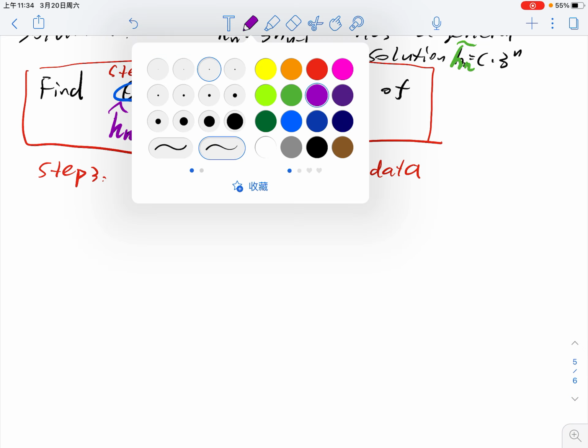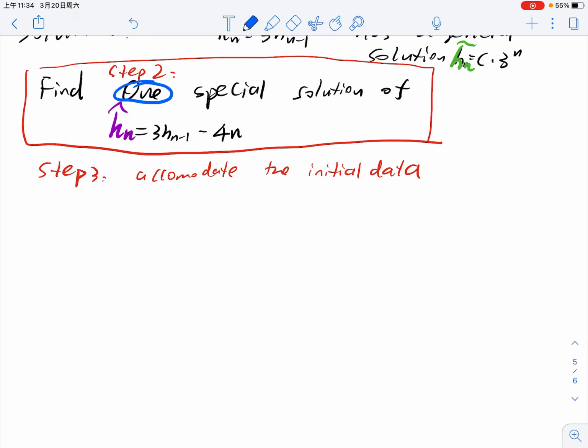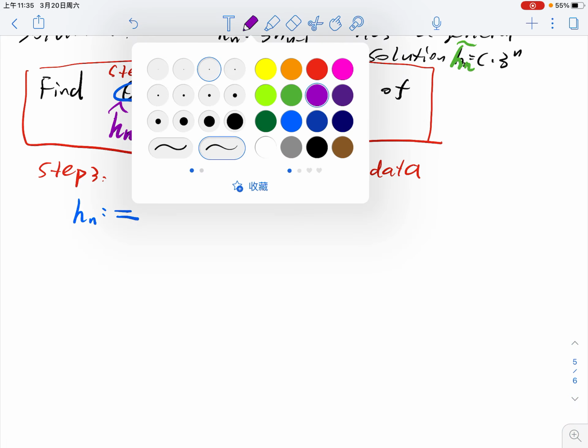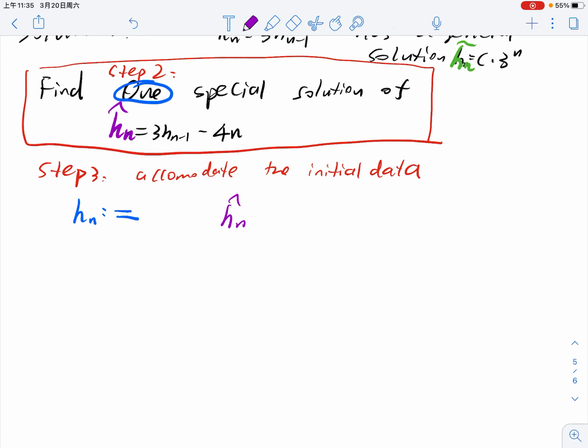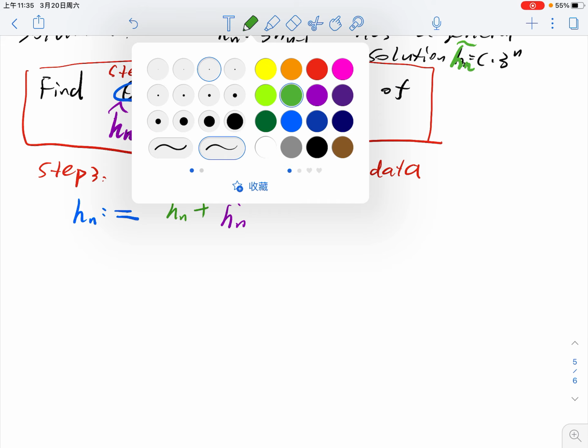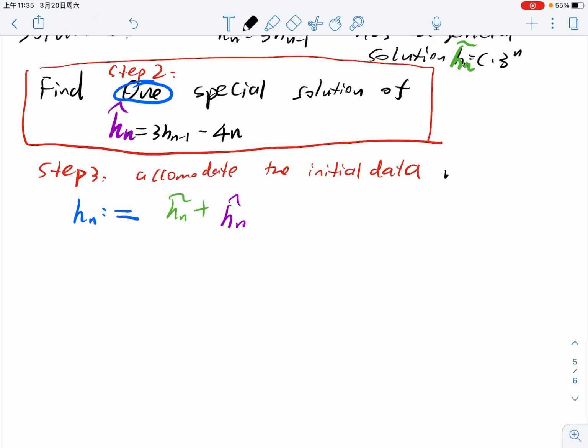And so finally the general solution for the non-homogeneous one is Hn, defined by the general solution for the homogeneous one plus the special solution for the non-homogeneous one. So with the form.